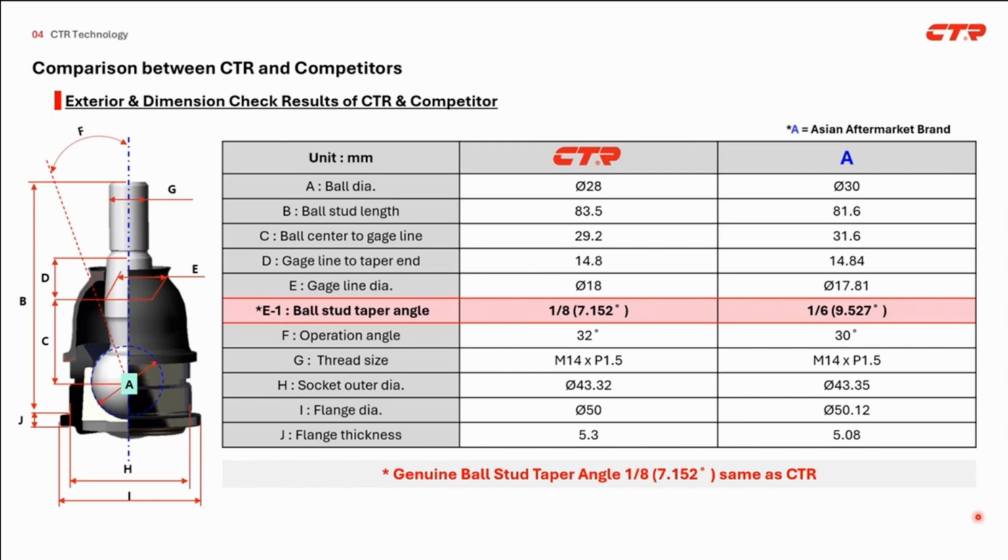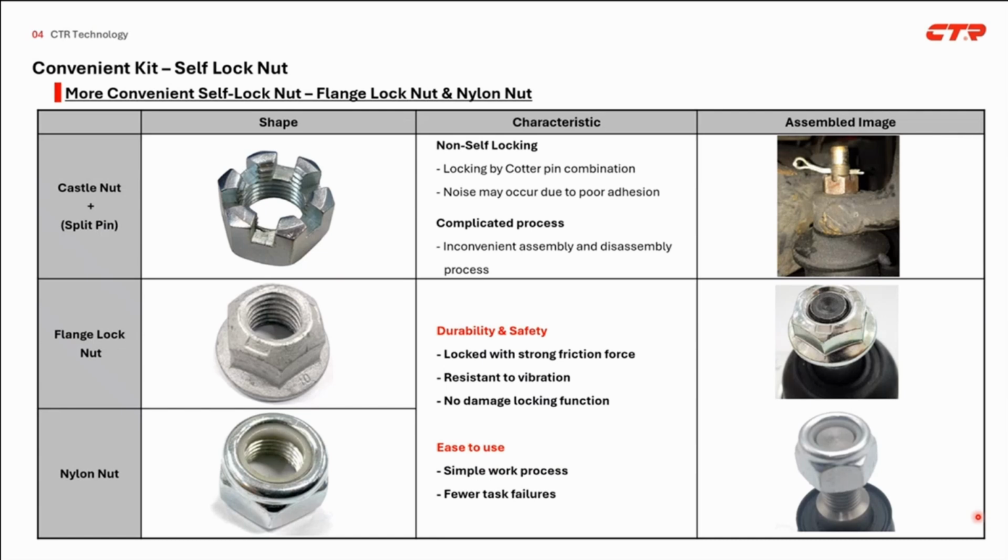From now on, I will share some information that customers asked us several times in our previous seminars. This is the convenient kit, self-lock nut. In the field, we usually use three types of nut: castle nut, flange lock nut, and nylon nut. Among those, we call the flange lock nut and nylon nut self-lock nuts.